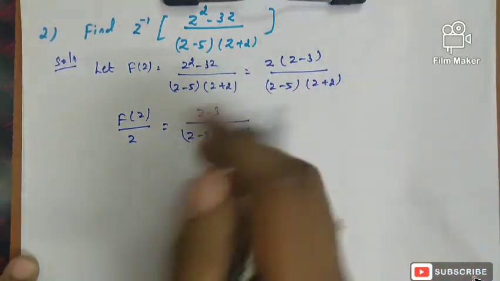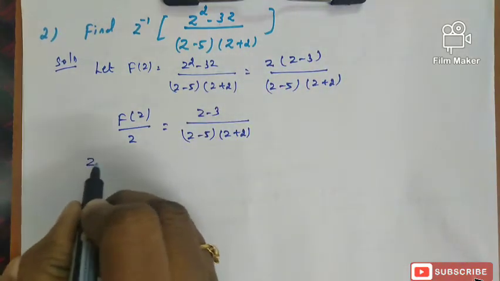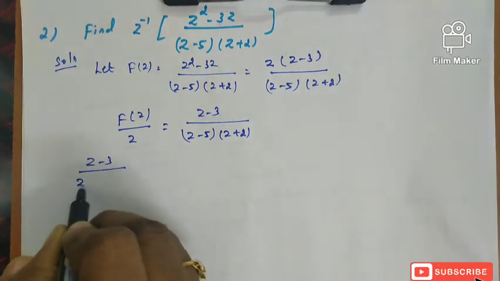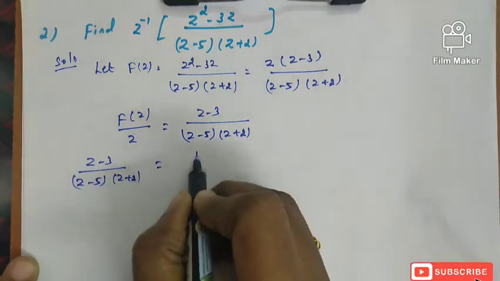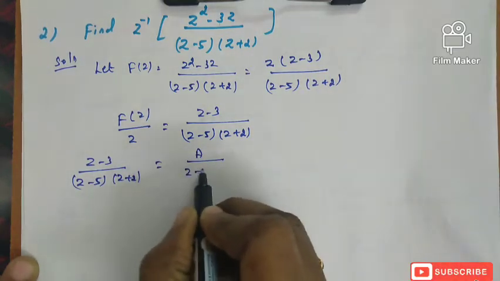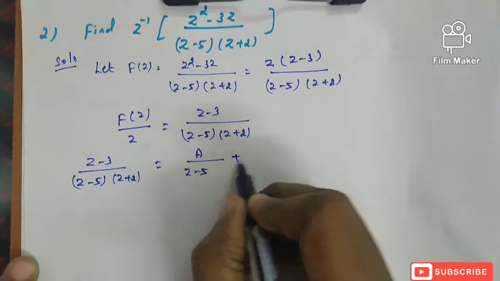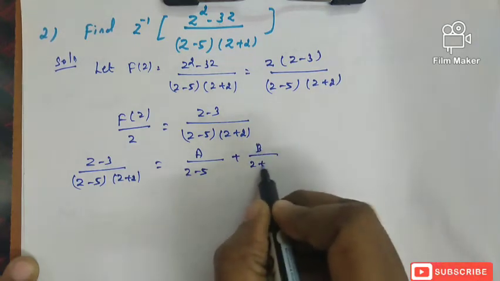So now we will take this one. Consider (z minus 3) by (z minus 5) into (z plus 2). The denominator contains linear factors, so we can factorize like this: a by (z minus 5) plus b by (z plus 2).